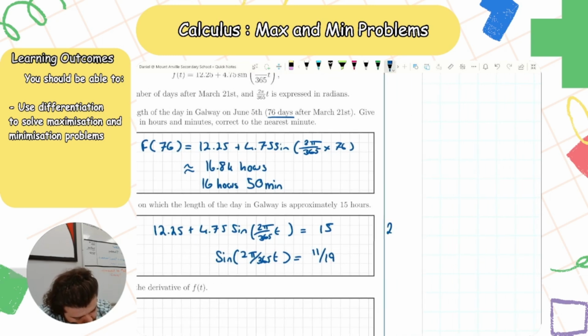I'm going to get 2 pi over 365 t is equal to 0.6174. Multiplied by 365 divided by 2 pi, t is equal to 35.87 days.